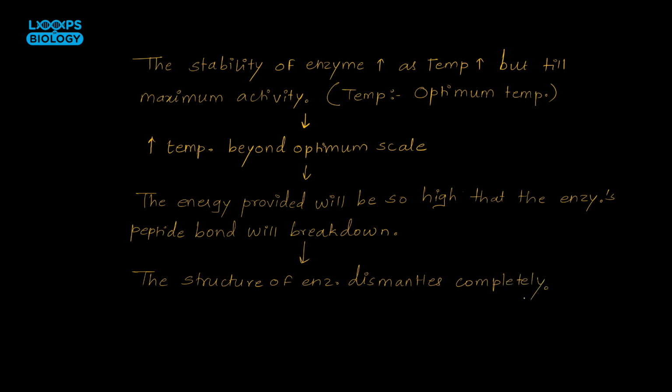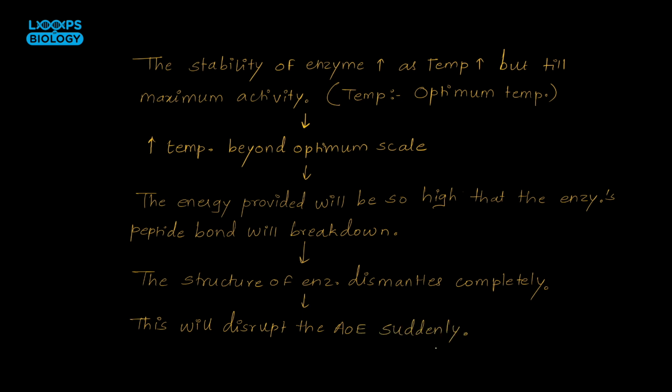Got it, guys? So it is acting as a skeleton inside our human body. If our bones are broken down, then our body posture will be completely broken down. We won't have that proper body posture. Similarly, whenever the peptide bonds are broken down, then the enzyme structure is going to dismantle, and this will disrupt the activity of enzyme suddenly.